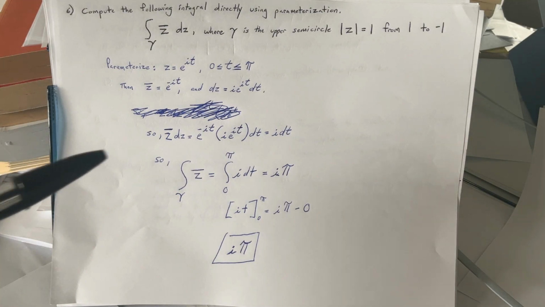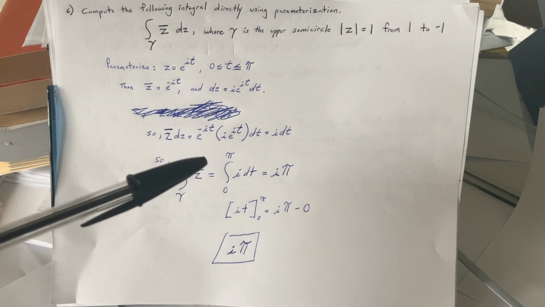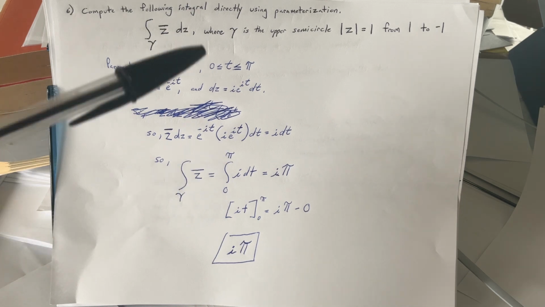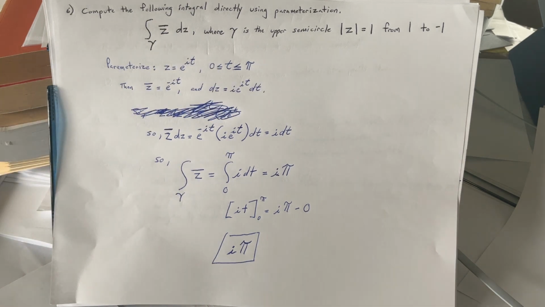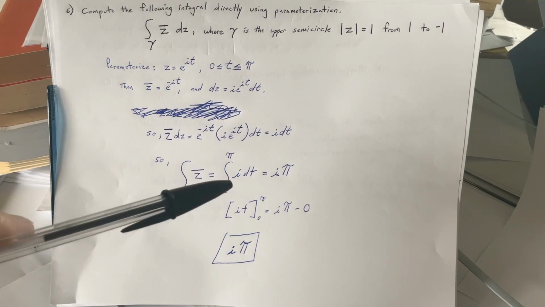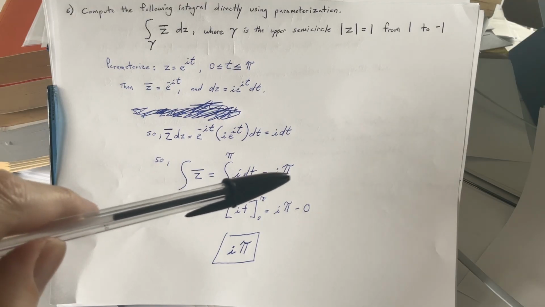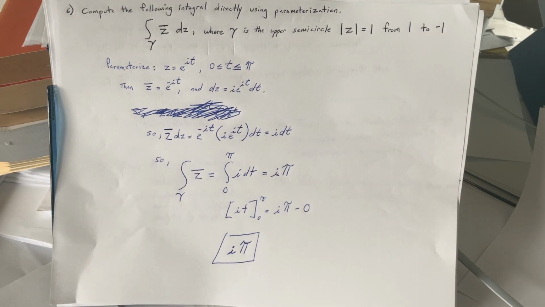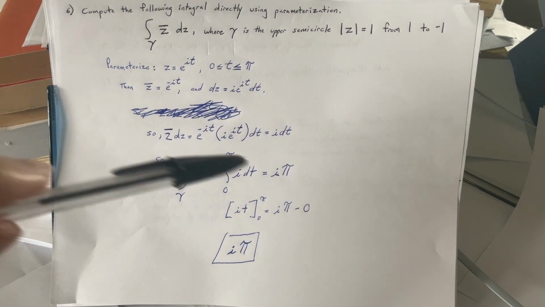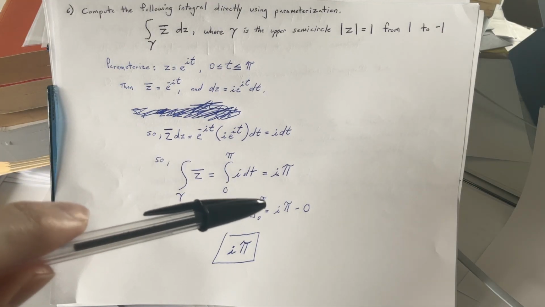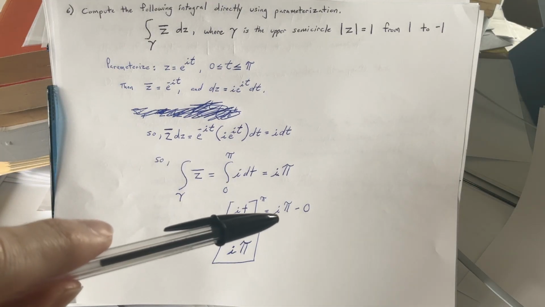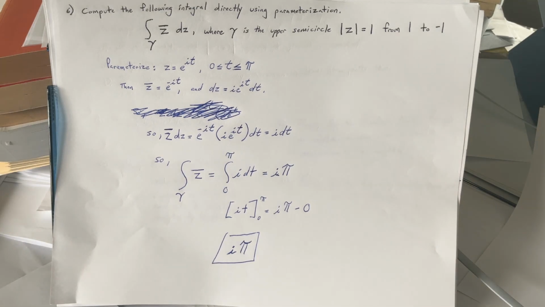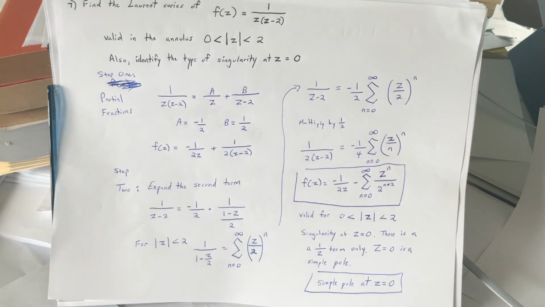Integrating along gamma, z bar dz, from 0 to pi, i dt just comes out to i pi minus 0. So the final answer there is just i pi. Moving forward to number 7.